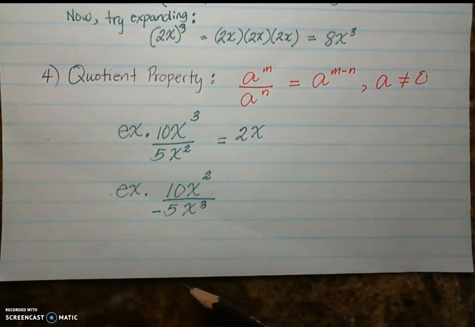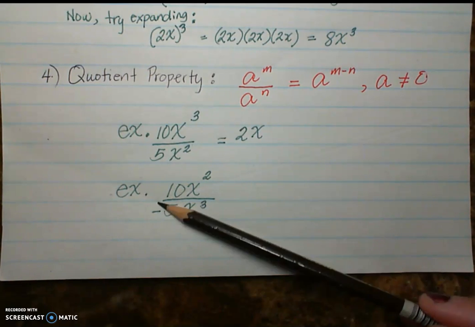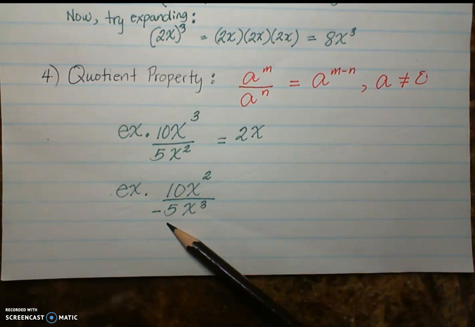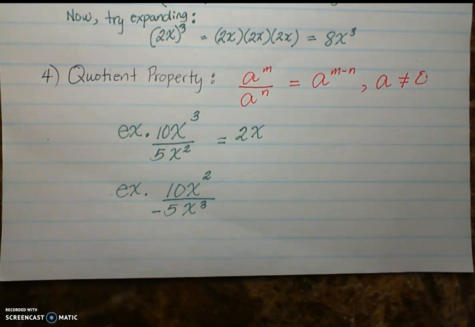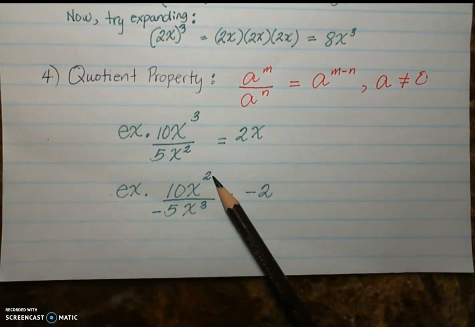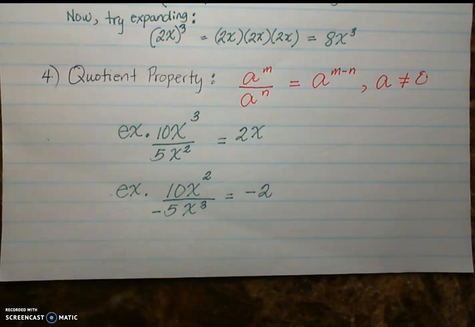Again, the first step is to tackle the coefficients. So that's going to be 10 divided by negative 5, which is going to become negative 2. And then we're going to apply the quotient property on your x's: copy the x, and you're going to have 2 minus 3, which will be x to the power of negative 1.